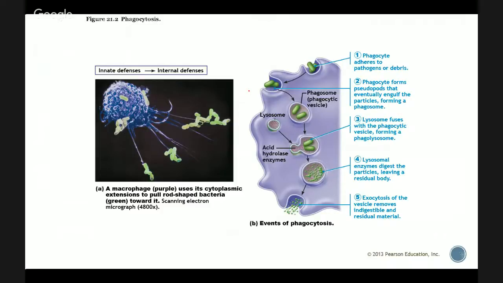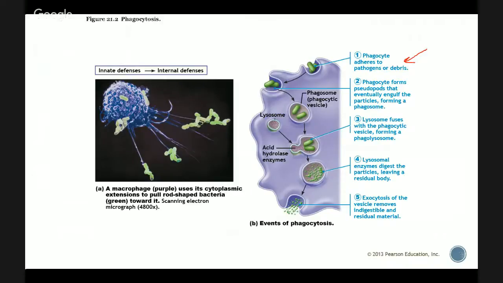And what a phagocyte does is it confronts a microorganism that gets through the external barrier. If you look at this picture and follow the five steps, you're going to see that the phagocyte is first of all going to stick to the pathogen or a piece of the pathogen.